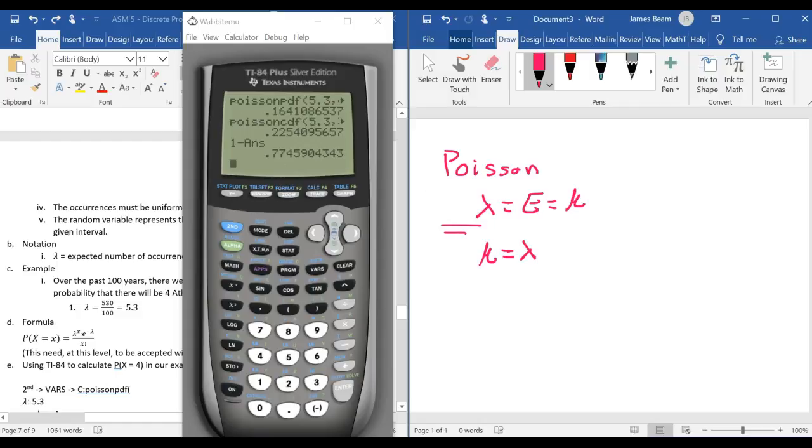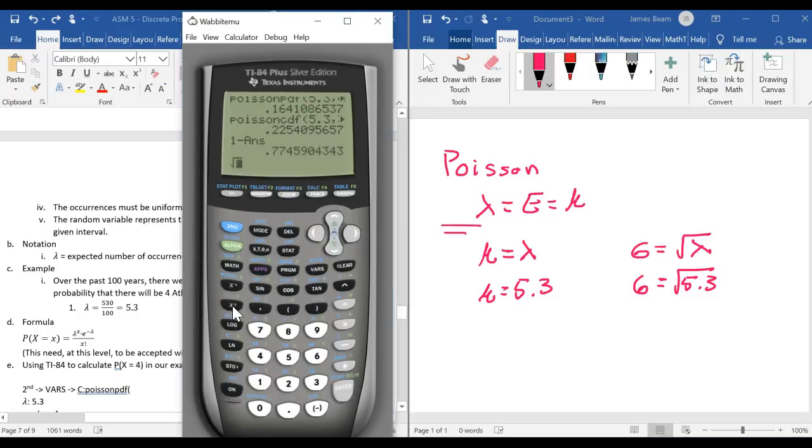Now, a neat little fact here is that the standard deviation, and if you go through all the calculations, it works out, it's just the square root of lambda. Whoa, makes it so easy. So if my lambda was 5.3, my mean is just 5.3. And the standard deviation here is going to be the square root of 5.3. Okay, so let's figure out what that is.